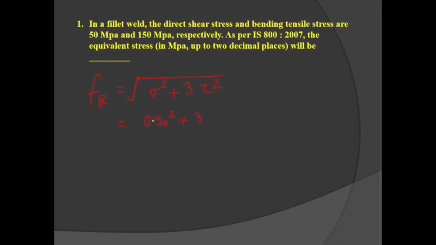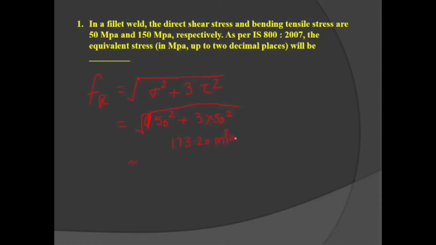So here the bending tensile stress is given as 150 megapascal, and the shear stress is 50 megapascal. Square root of 150 square plus 3 times 50 square. After solution I found the value as 173.20 megapascal.